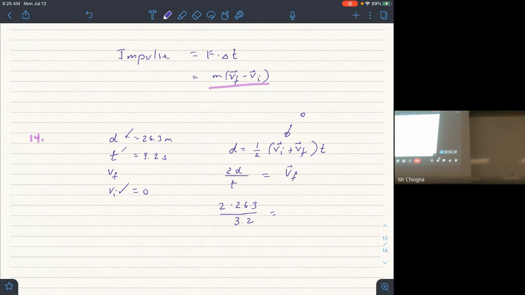So that should work out to be 16.4. And it's going to be west.